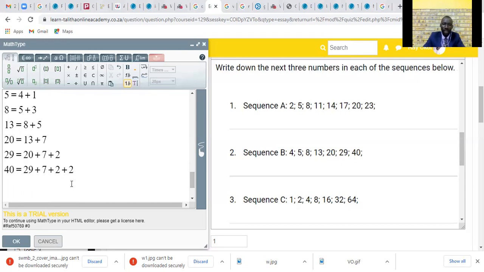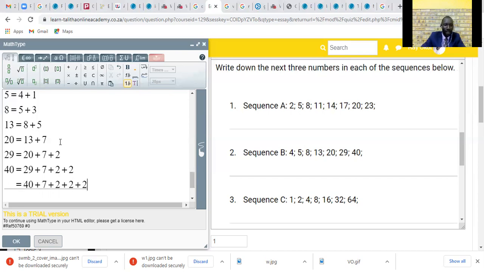Now, the next number, we don't know. We don't know this next number, but we know the formula to get there. The formula is we write this number 40, and to it we add 7. Then we add 2, then we add 2, then we add 2.